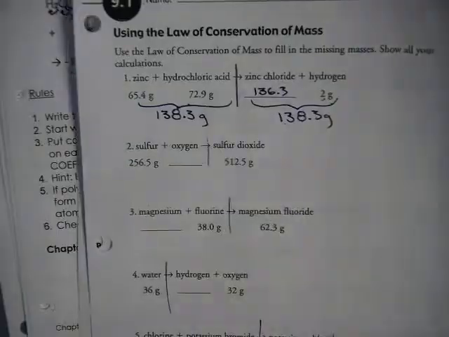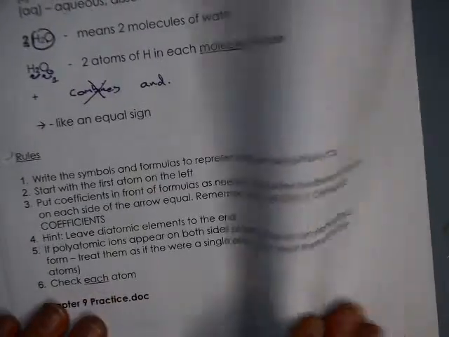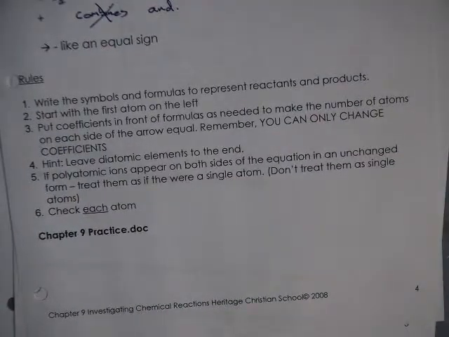Now, I have written down the rules for how you go about solving a balancing equation. So what I'm going to do is I'm going to take this off screen because you have it, right?